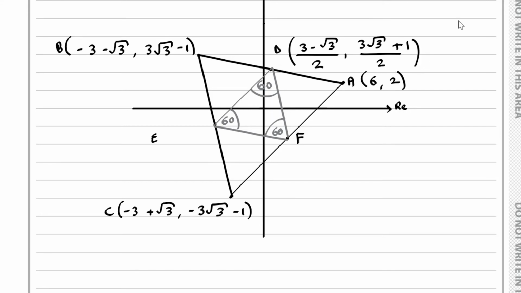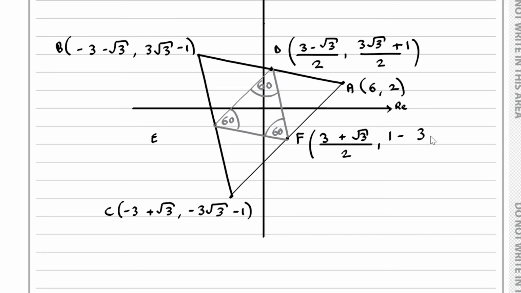Okay, so let's just move this coordinate a bit down here. Okay, so here I've just shown the coordinates of D. Working out the coordinates of F, the midpoint of this: 6 plus root 3 minus root 3, and then divide that by 2. We have 3 plus root 3 over 2, and then 2 minus 1 minus 3 root 3, and then divide that by 2.